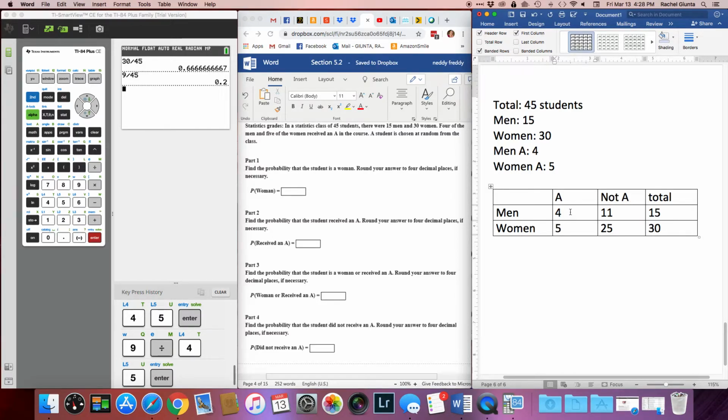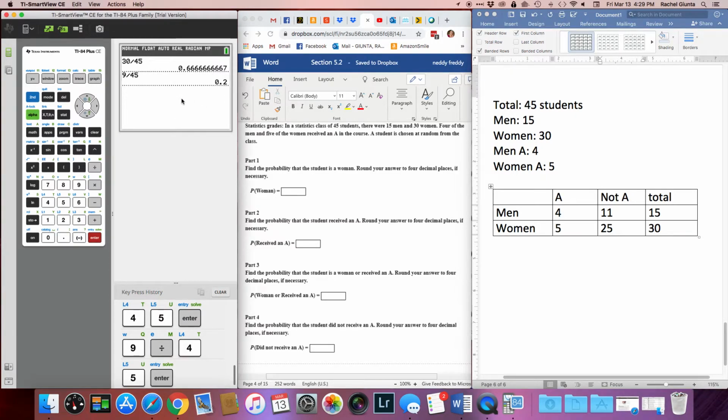So what we actually want to do is add the 4 men who got an A, plus the 5 women who got an A, plus the additional 25 women that we haven't already accounted for in the A's.